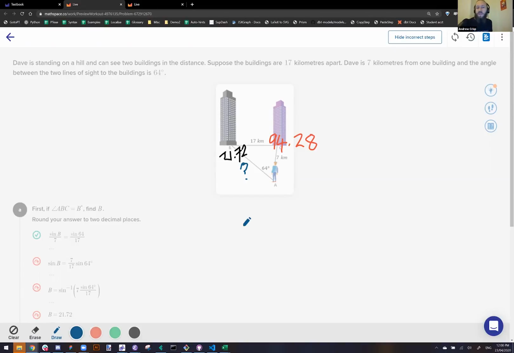I've got an angle that I know and a side that I don't know, but I have a pair of matching angle sides, and I'm going to do the same thing. So this angle matches with this side in the same way that this side matches with this angle.